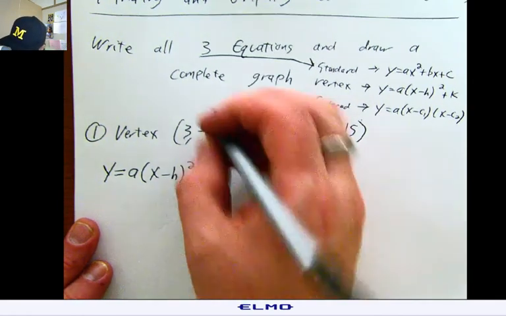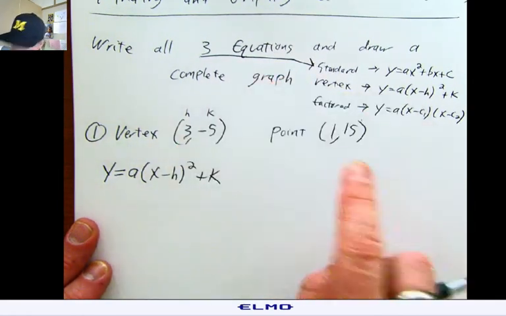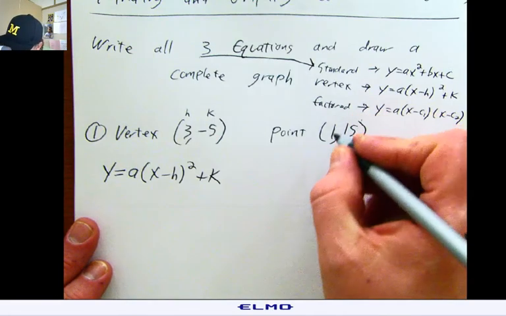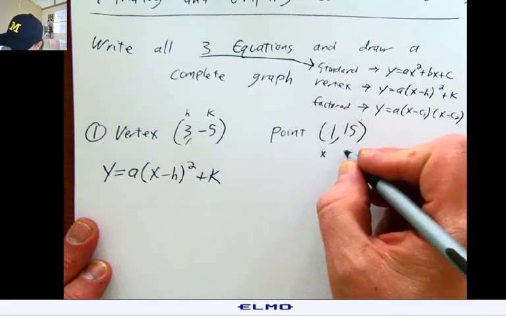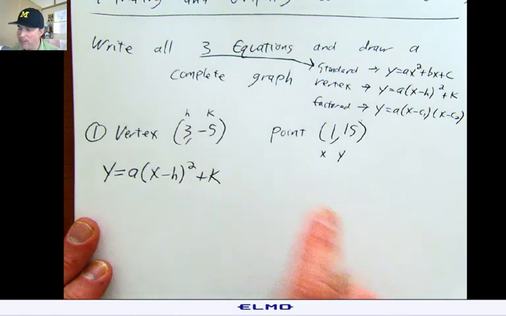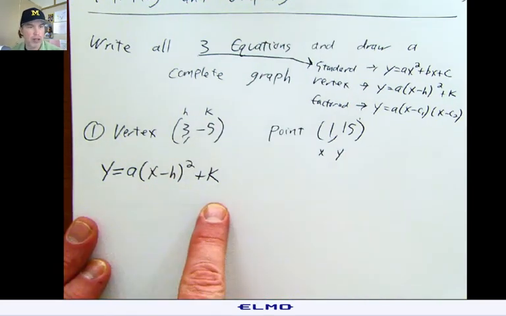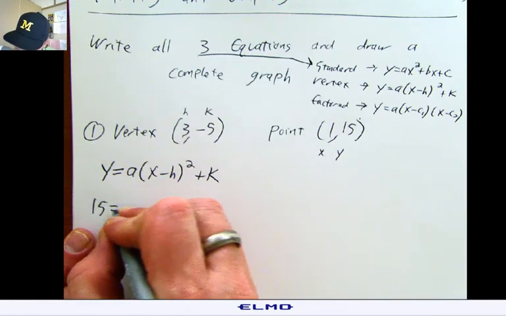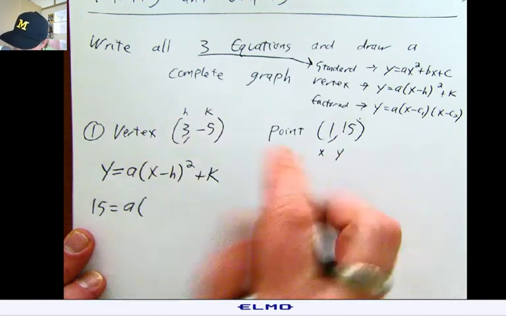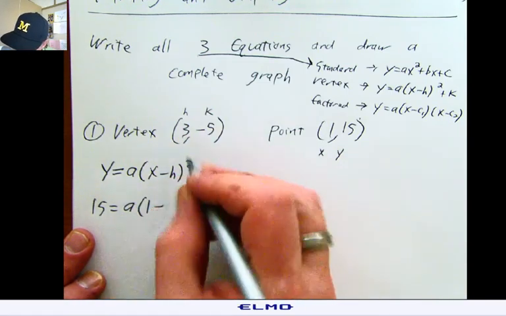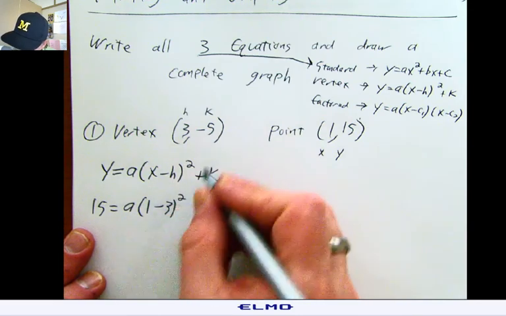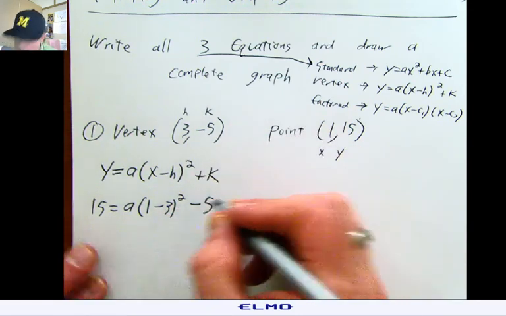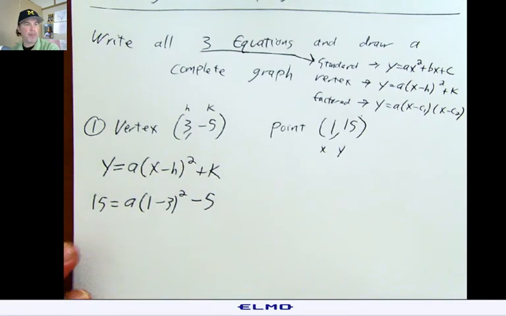And the vertex, these are my h and k values, and the point is my x and y values. So I'm going to take these points, plug it all into the equation. So the y becomes 15, then this a, the x becomes a 1, the h is a 3, and the k is a negative 5.